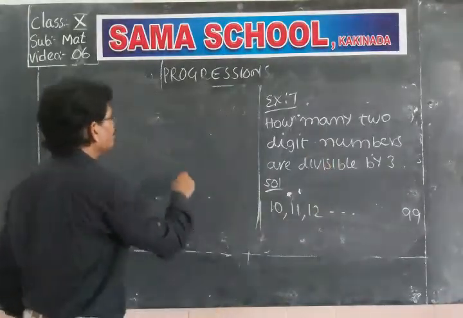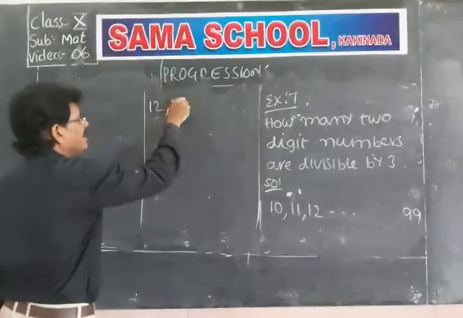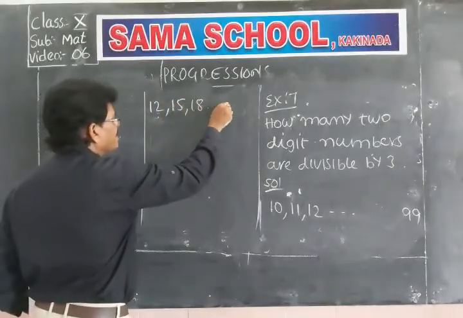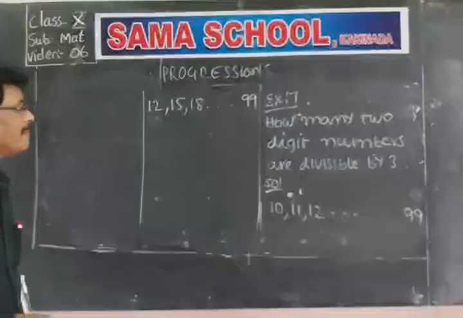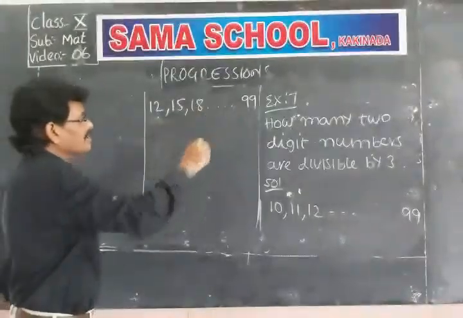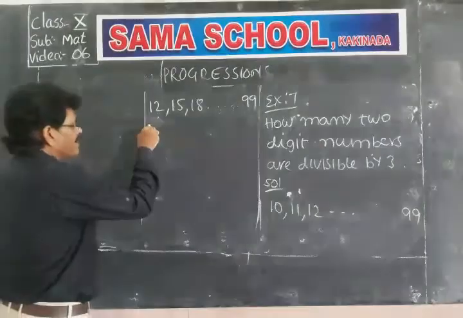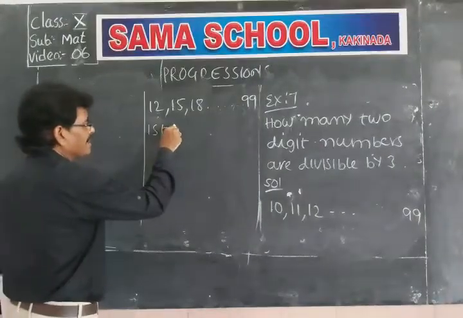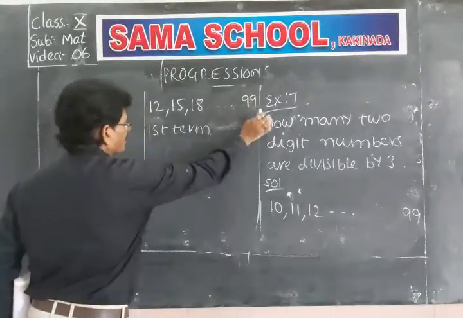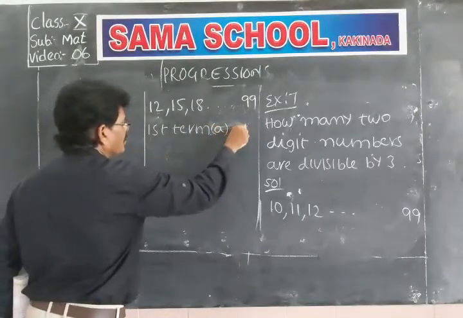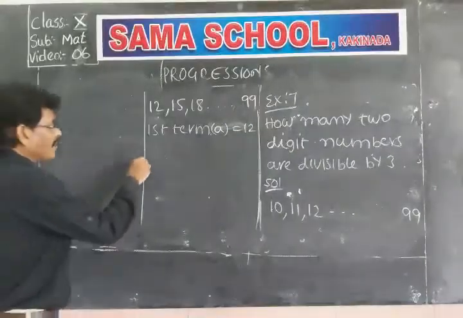Starting is 12: first 12, 15, 18, etc. The last number 99 is also divisible by 3. So this is the series, right? Now, as usual, we can find the first term: a is equal to 12. First term a is equal to 12. And common difference.